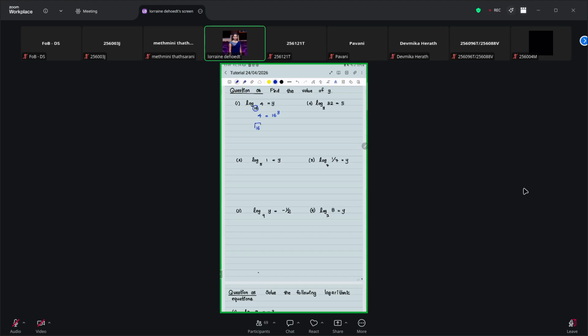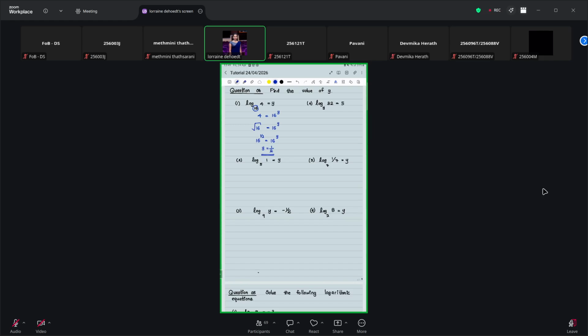Now we can rewrite 4 as the square root of 16. Square root means the power half. So 16 to the power half equals 16 to the power y. That means y equals half. Yeah. The first one is y equals half or y equals 0.5.